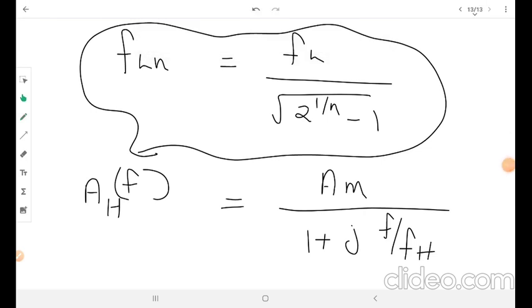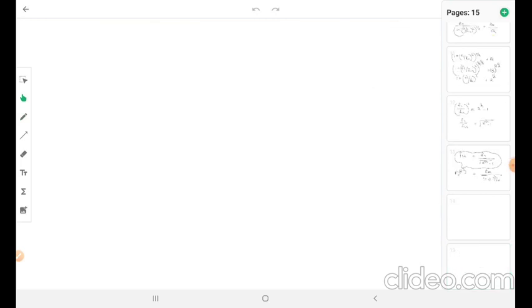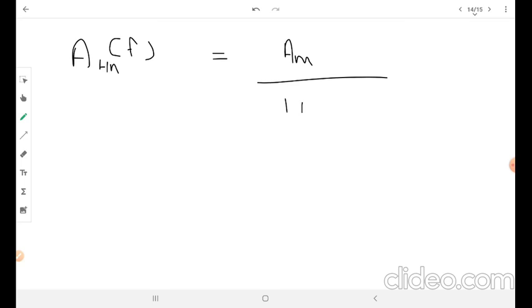So for n stages, we already know that the overall gain will be the multiple of individual gains: AM divided by 1 plus jf by FH, all raised to n.